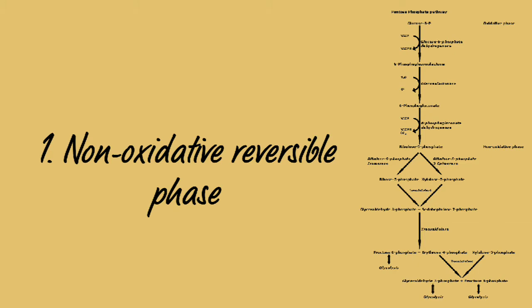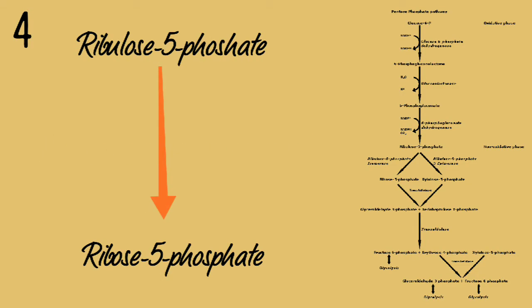Subsequent steps of this phase convert any surplus ribulose 5-phosphate and ribose 5-phosphate into fructose 6-phosphate and glyceraldehyde 3-phosphate. These two products are intermediates of glycolysis, and therefore these reactions provide a link between the pentose phosphate pathway and glycolysis. Now let us understand the 5 major steps of the non-oxidative phase.